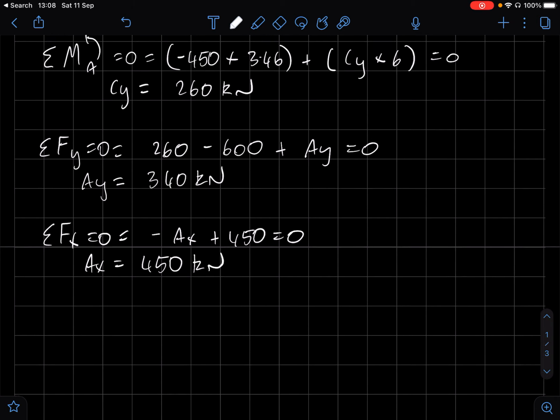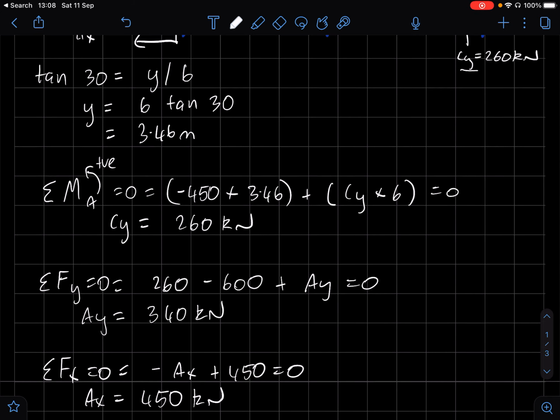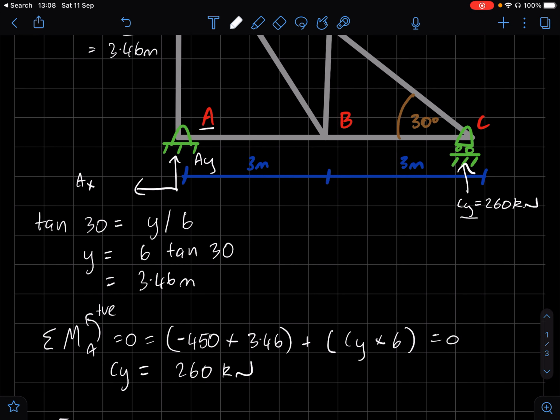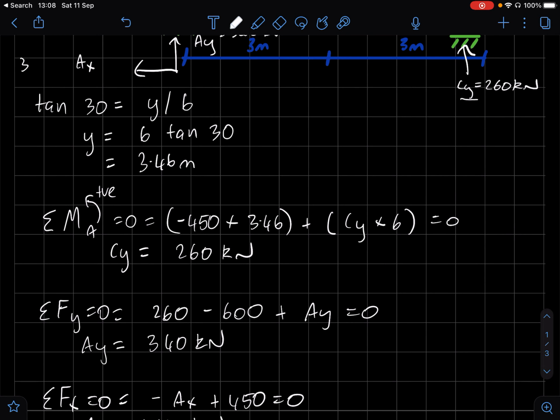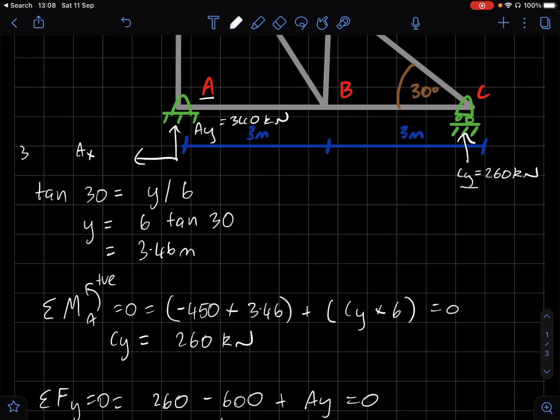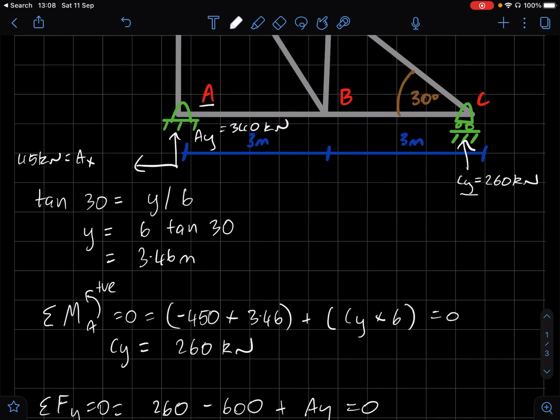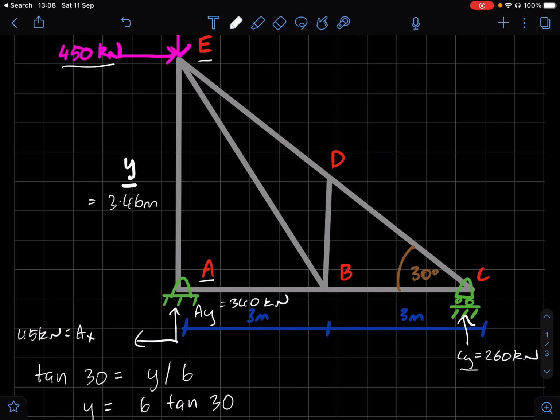So let's put in AY and AX values. So 340 and 450. What was it? Sorry, AX was 450, wasn't it? Okay, so we've got our support reactions.